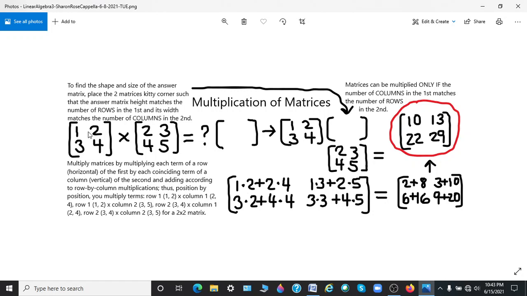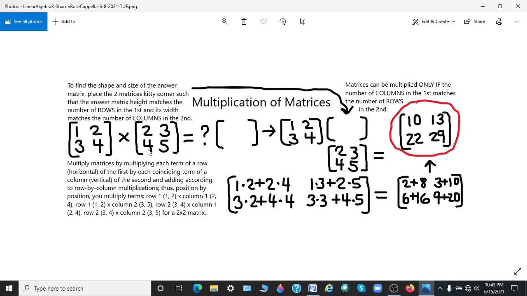So now what do we do? Now you take this row. You've done row 1, move to row 2. This is a simple format that makes sure you multiply everything and you get all the positional answers. So we've done row 1 with column 1, so now we're going to move to row 2 with column 1.